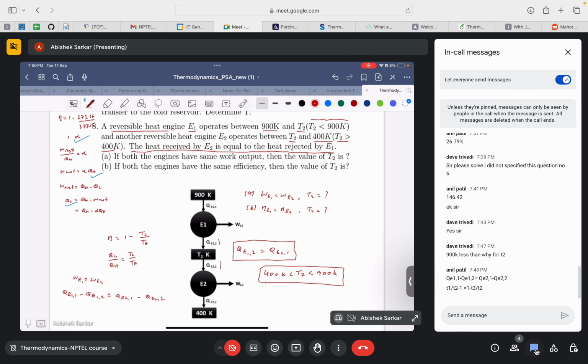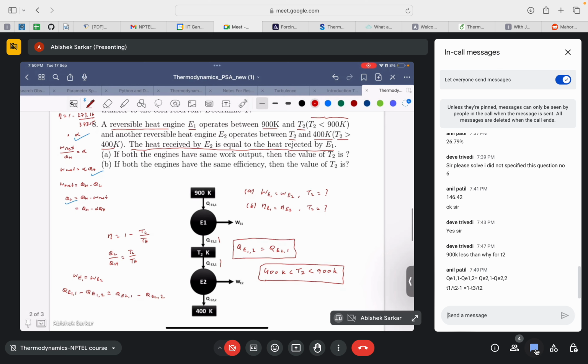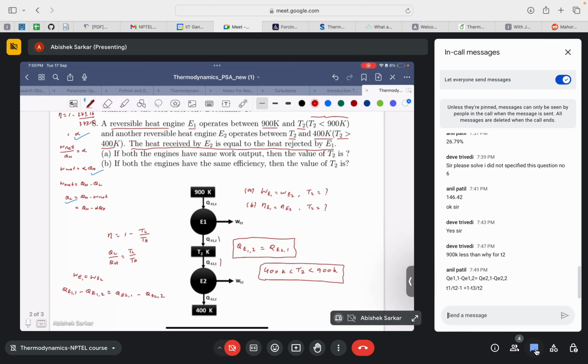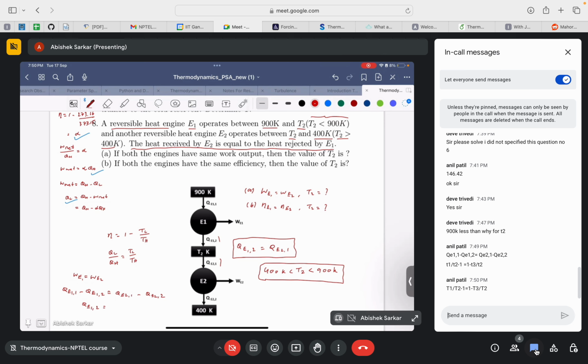Yes, exactly. So here, since we know that QE12 is equal to QE21, because it is mentioned that the heat rejected from E1 is used as a heat input for the second heat engine, this holds valid.